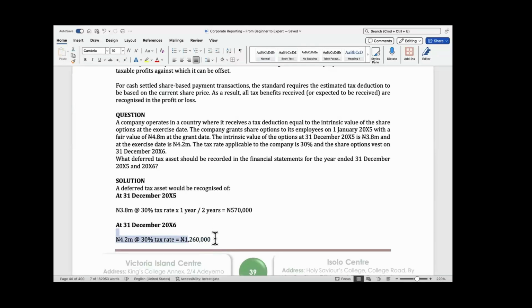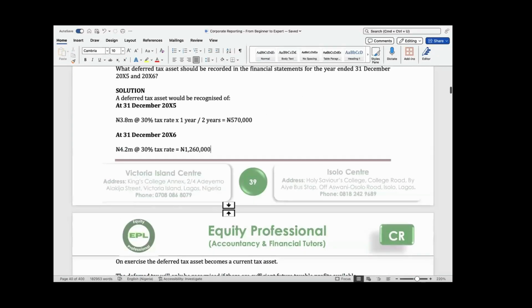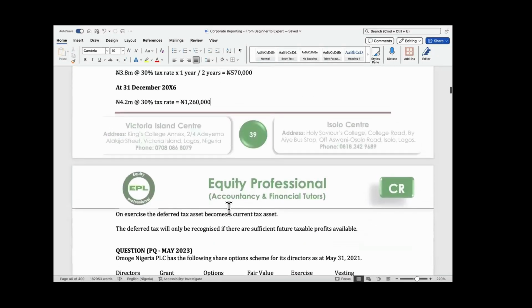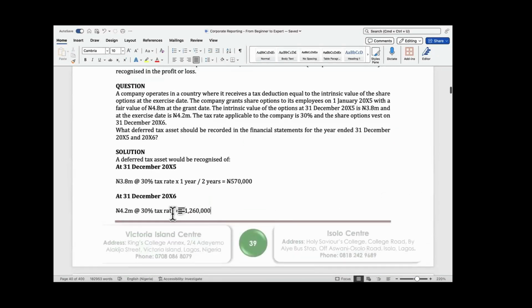There's no need for proration in this case because this is the vesting date, the value at the end of year two, the cumulation. However, what goes to P&L, just like you have always learned, is the incremental. So the difference between this 1,260 and this 570 will go to P&L.